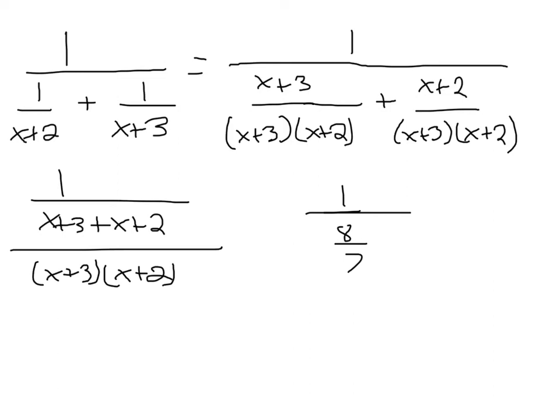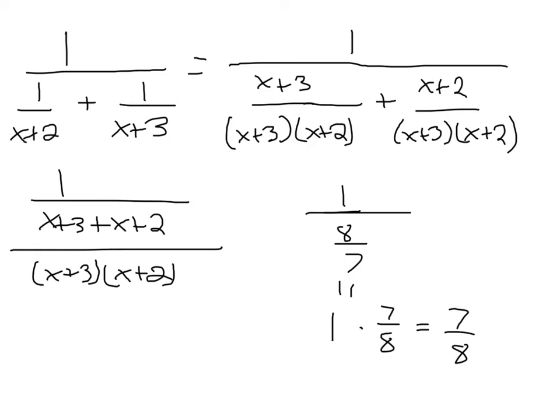So how does that look practically? This 1 over 8 over 7 is the exact same thing as 1 times 7 over 8. Instead of dividing by a fraction, I can just multiply by its reciprocal. And that's just 7 over 8. So notice you just flip the bottom.